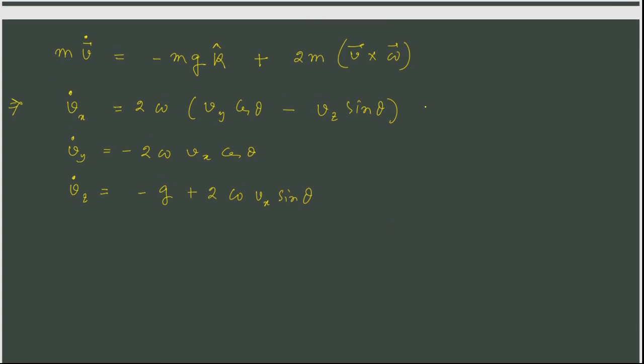So these are our equations of motion for the object falling under gravity and experiencing the Coriolis force.